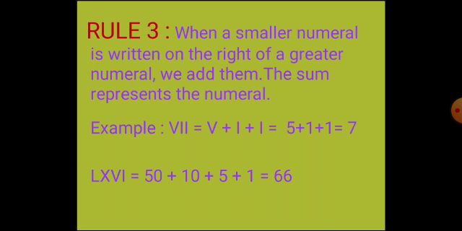So the greater numeral is written first, and the smaller numerals on the right side of V. Then we add the values: V value 5 plus I value 1 and another I value 1. So 5 plus 1 is 6, 6 plus 1 is 7. To write 7 we write VII.